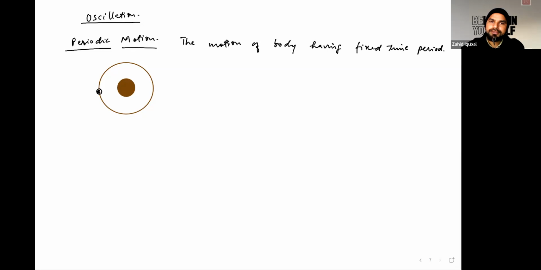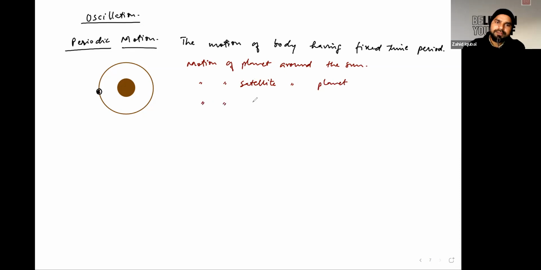Like motion of planet around the sun, motion of satellite around planet, motion of electron around nucleus, and so on. All are periodic motion. Let me define one more periodic motion.